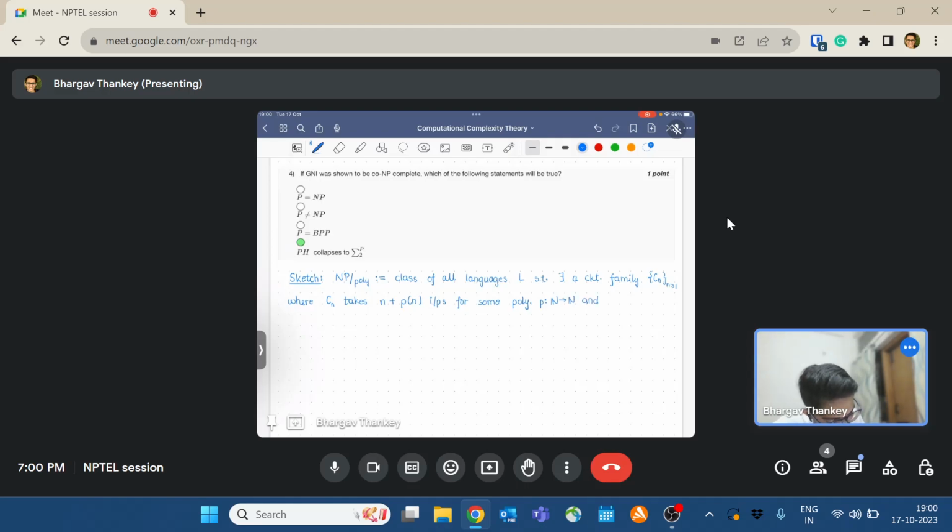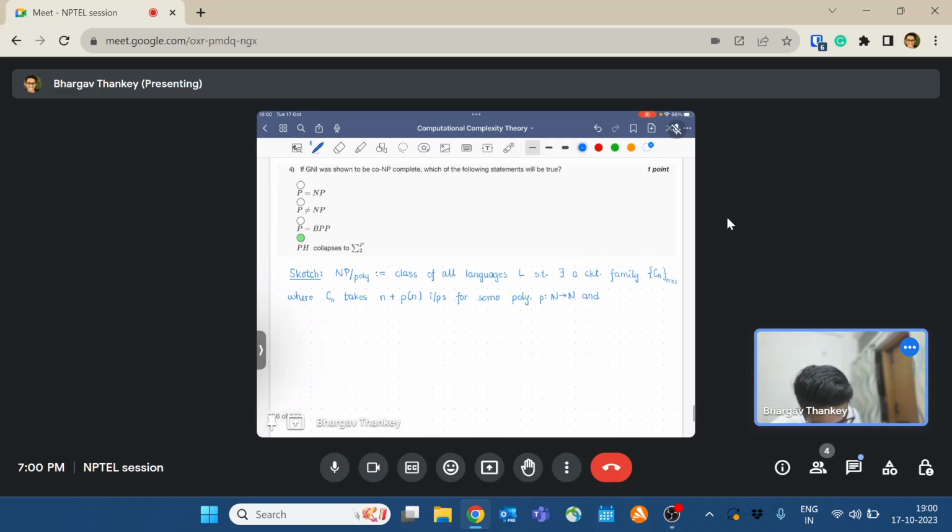And x is in L if and only if there exists a W in {0,1}^p(n).